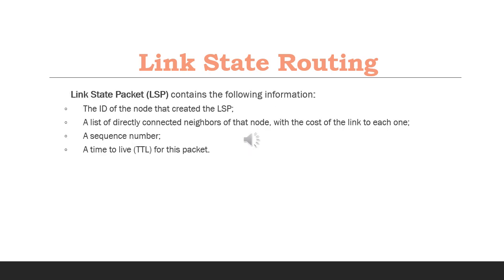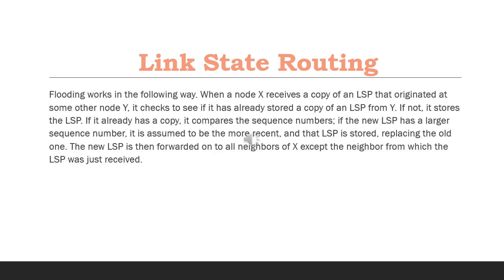A link state packet, or LSP, contains the following information: the ID of the node that created the LSP, a list of directly connected neighbors of that node with the cost of the link to each one, a sequence number, and a time to live for this packet. Flooding works in the following way: when a node X receives a copy of an LSP that originated at some other node Y, it checks to see if it has already stored a copy of an LSP from Y. If not, it stores the LSP.